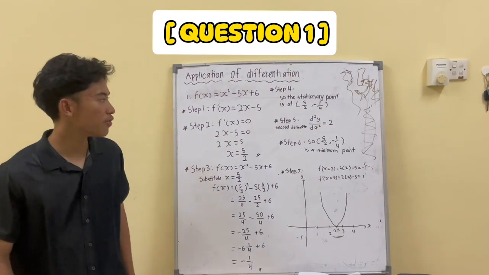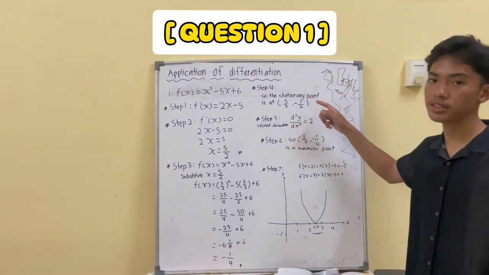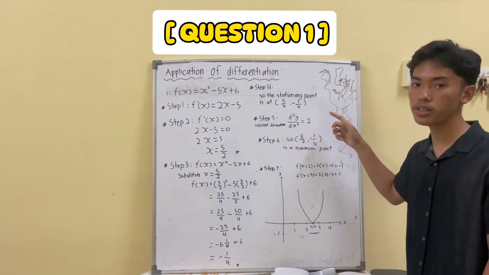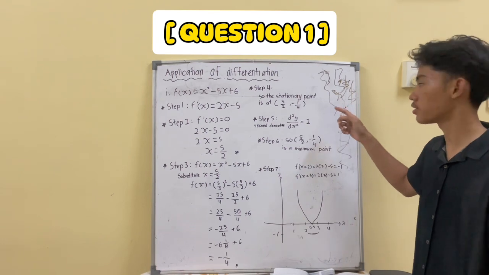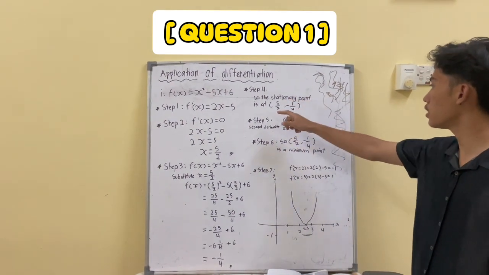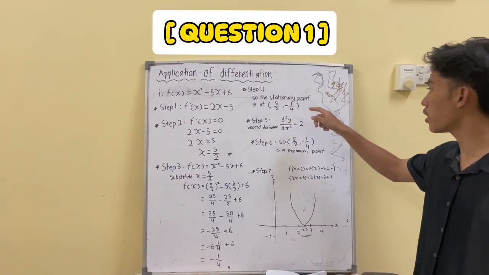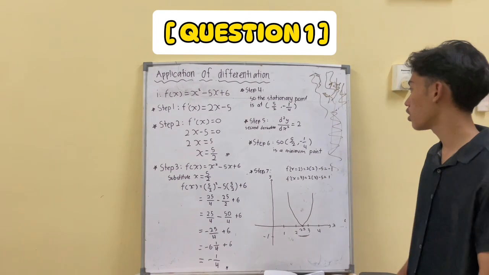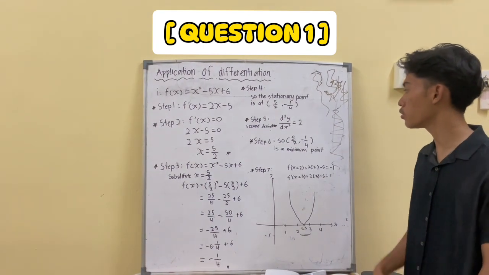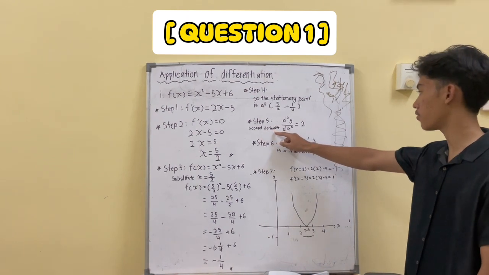So we go to step 4. Step 4, we have to write the coordinate (x, y) of the turning point. So the stationary point is at 5 over 2 and minus 1 over 4. So we go to step 5. Step 5, we use the second derivative.